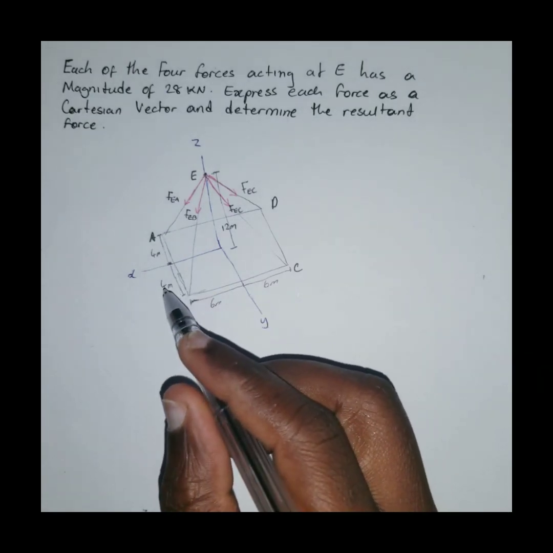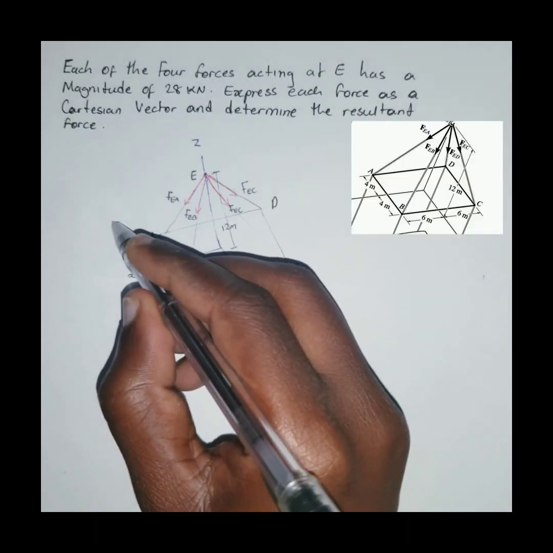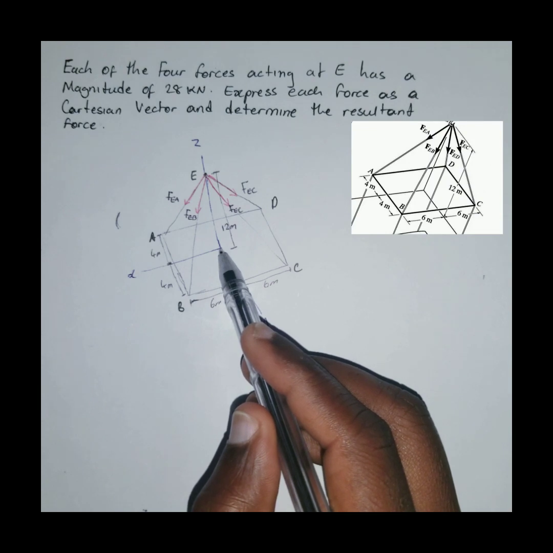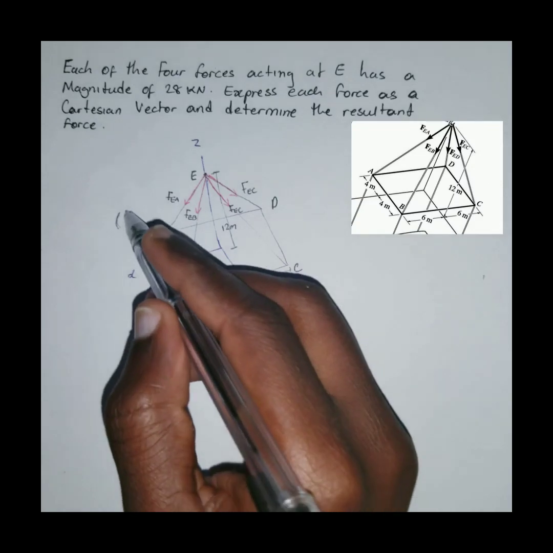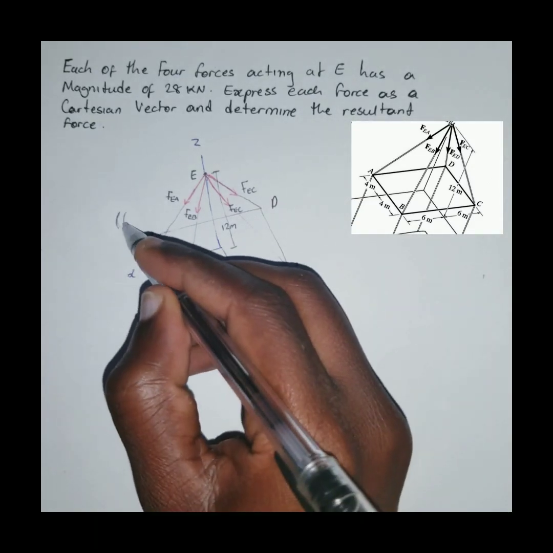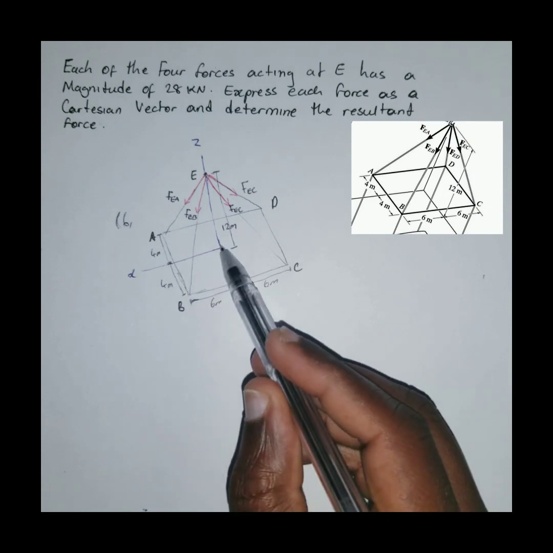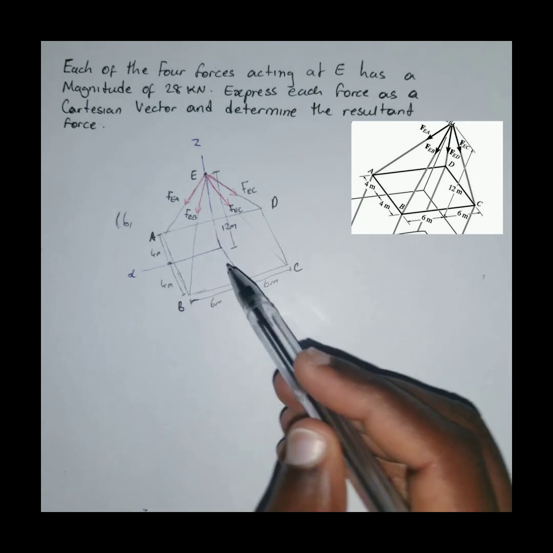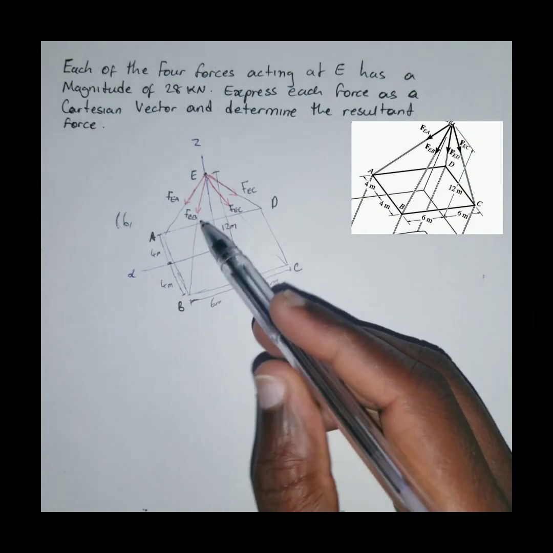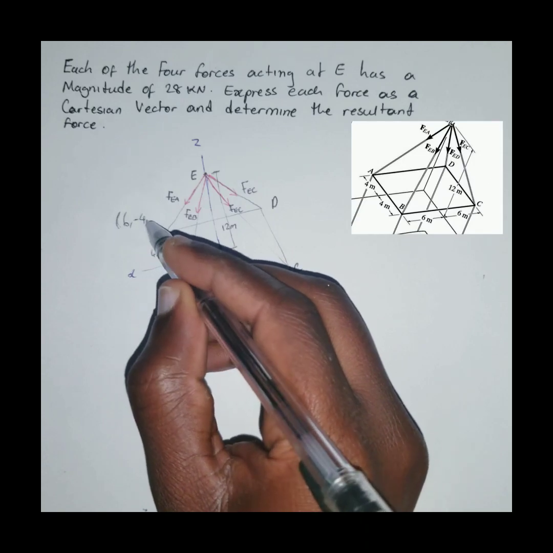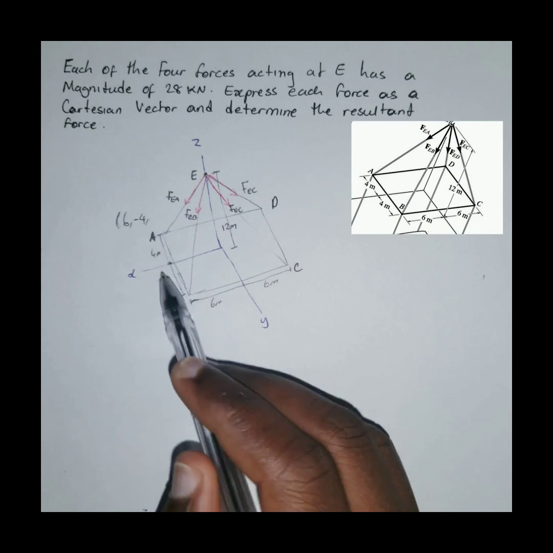Let's give coordinates to A. We notice that for A, in the x direction, you're going to move 6 units in the positive direction, so 6, in the y direction you're going to move 4 units in the negative y direction, so negative 4, and 0 in the z direction.